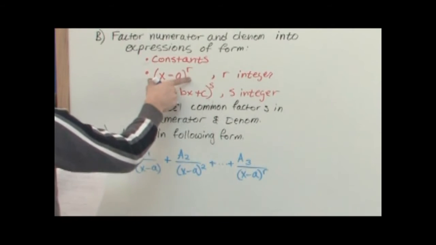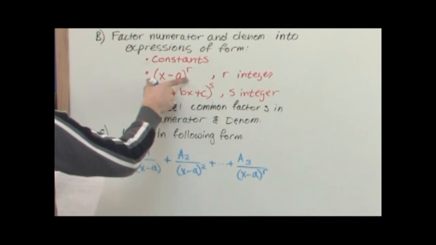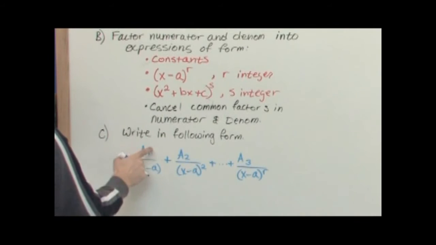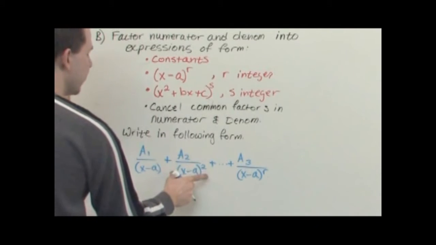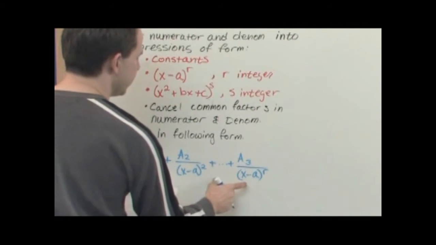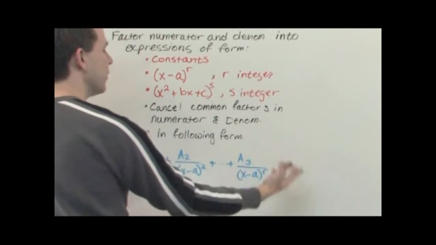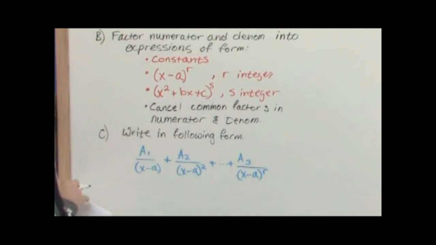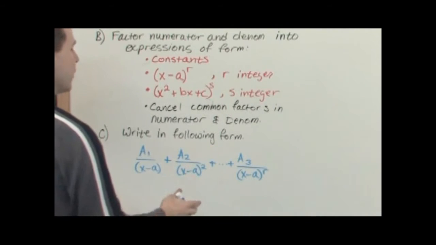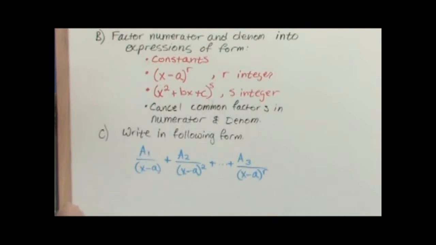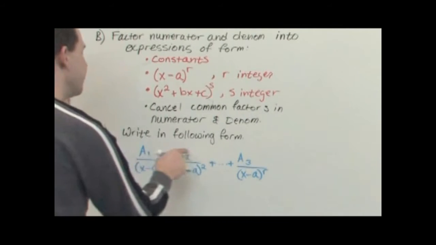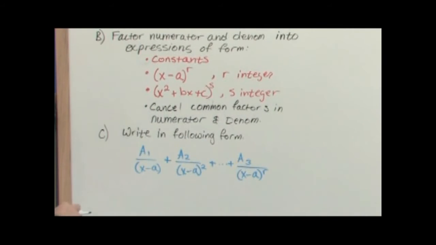If you have a term in the bottom that has (x minus a) to the 4th power, then you're going to have some number over x minus a, some number over (x minus a) squared, some number over (x minus a) cubed, and some number over (x minus a) to the 4th power. So whatever power you have in the bottom of x minus a, which is just a factor, you're going to have that many terms going up here. And they're all going to have constants. Now these numbers here on the top, these a's, these are the coefficients of your partial fraction expansion.